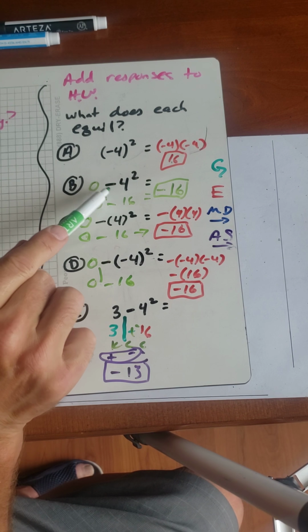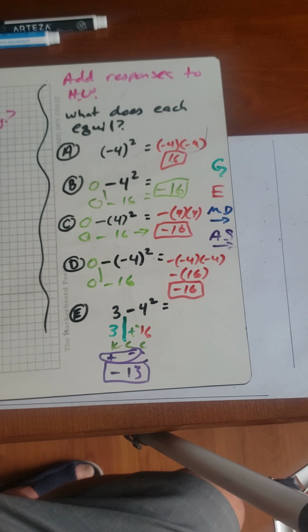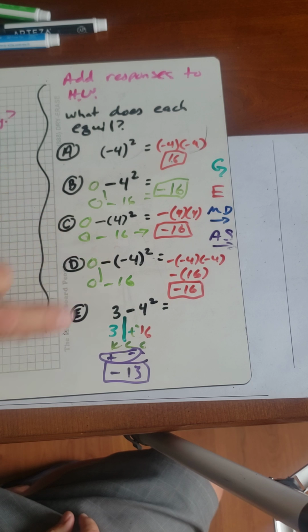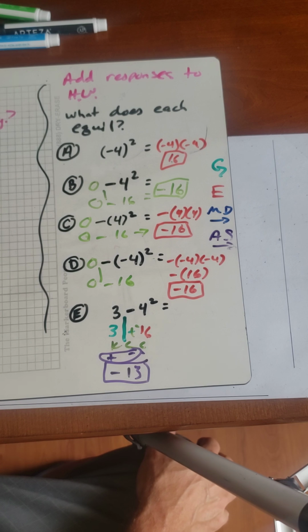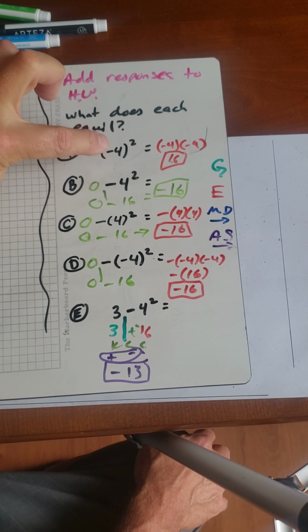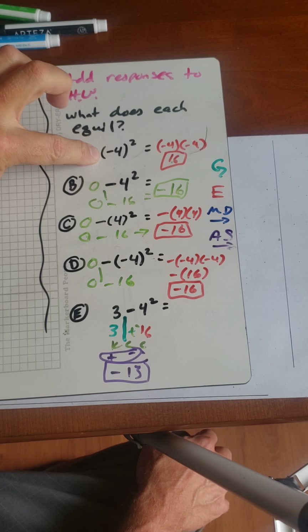This one right here, without parentheses, is equal to negative 16. It is the same as these ones down here that have a negative on the outside. The only one that ended up being positive is when the negative sign is inside the parenthesis. So that's the only one that's positive.